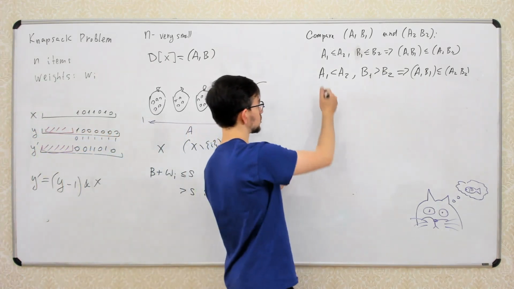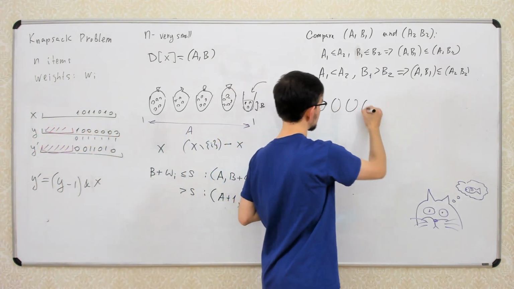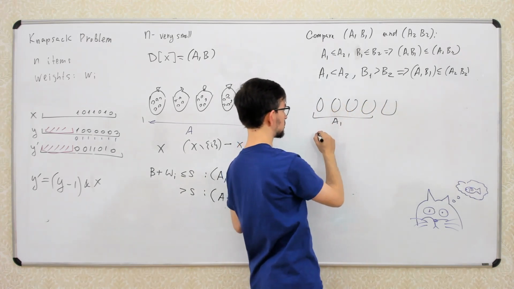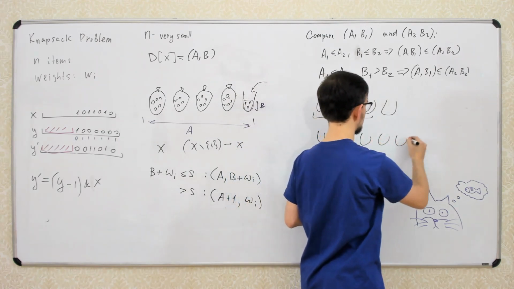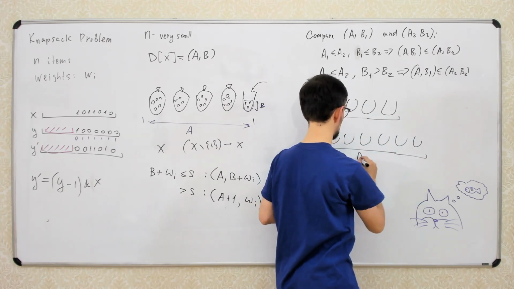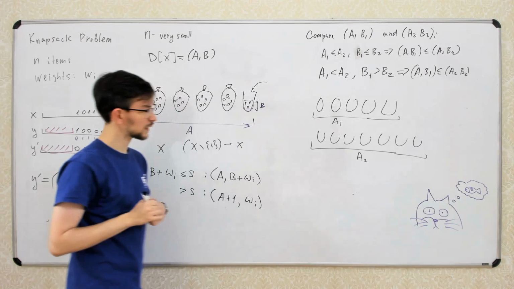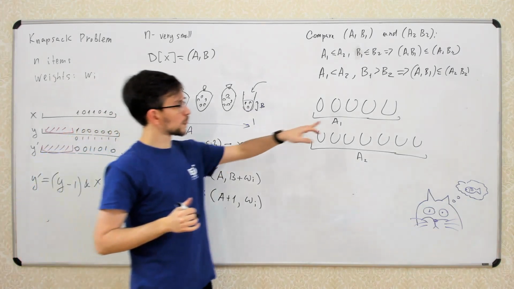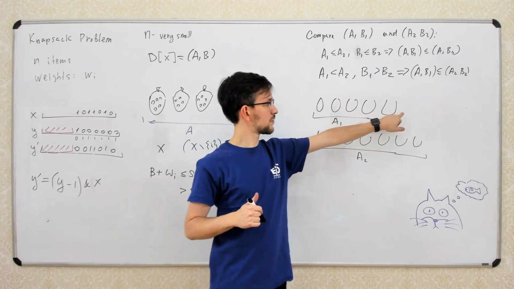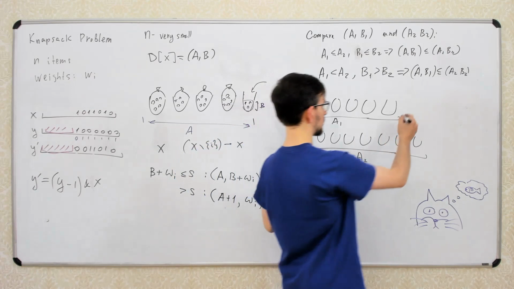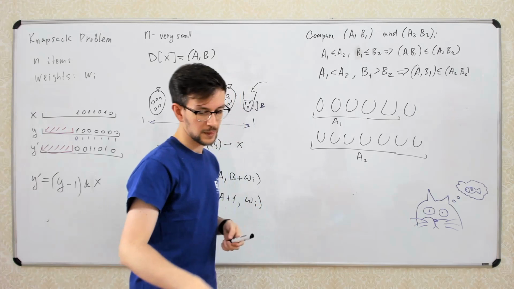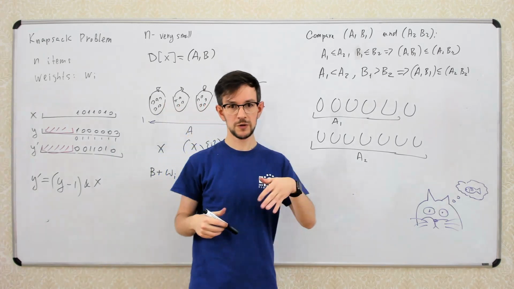Let's look at the first situation. You have some number of knapsacks, A1. And in the second situation, you have another number of knapsacks, which is greater than that. What we can do in this situation is just close this knapsack and have another empty knapsack.